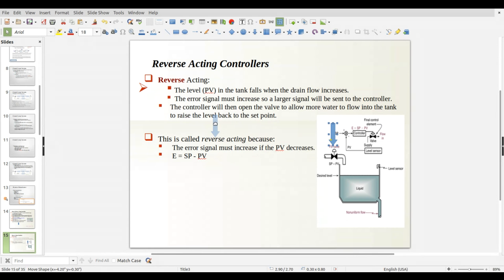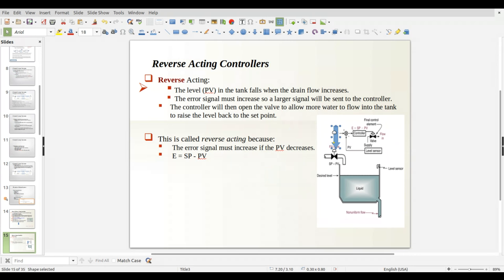And so this is what they call reverse acting here, because if the process variable decreases, your error is going to increase. Okay, and so you have to open the valve more, so that the level will be maintained.